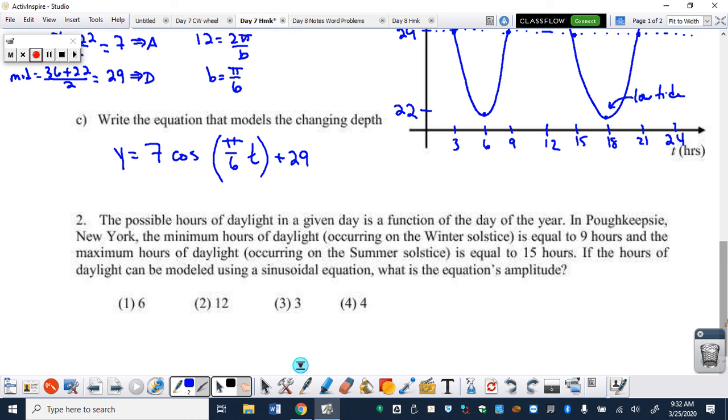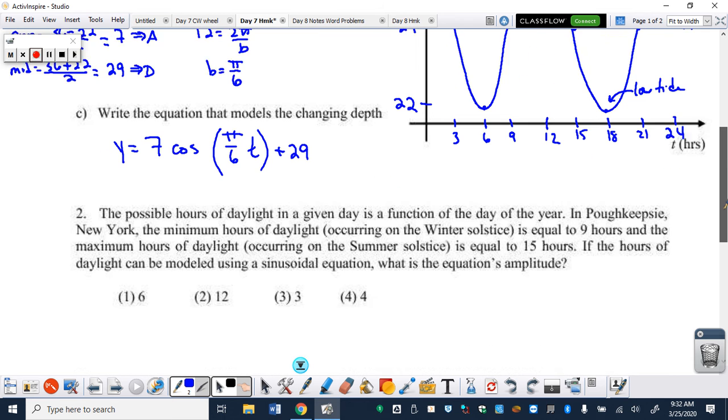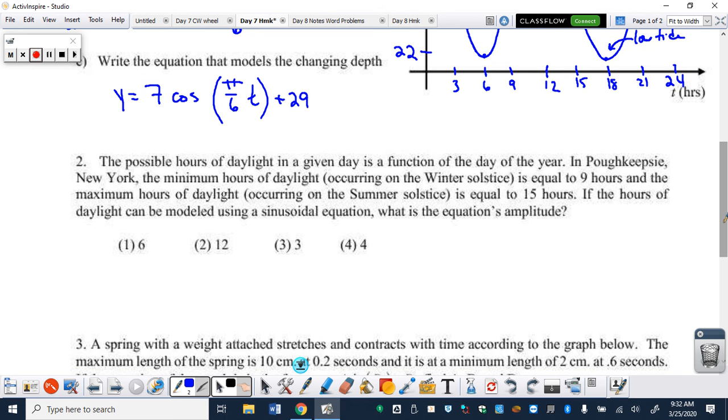Let me fix this. All right. What is the amplitude? So we have minimum is 9, and we have maximum is 15. You need to be able to get that from the word problem. Max is 15, minimum is 9, and you want to find the amplitude.